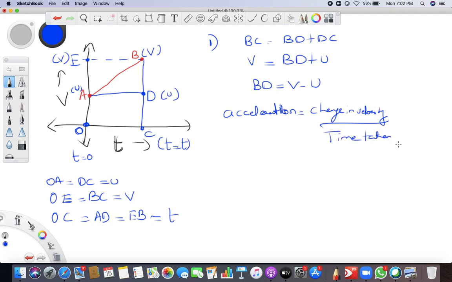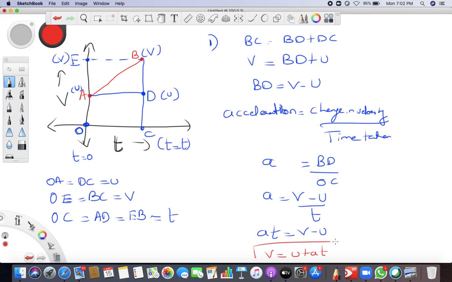Acceleration is change in velocity upon time taken. So change in velocity is BD, and time taken is OC. So a is equal to V minus U upon t. If you take t on the other side, this is V minus U. If you take U on one side, you get V is equal to U plus at.